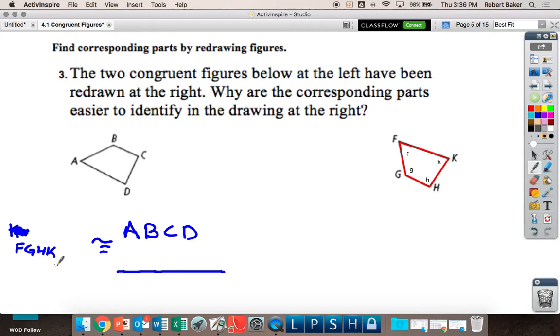FK, GH. Maybe I have to flip it. Flip it. Now rotate. Rotate. You have to flip it. Can I make that work? No.